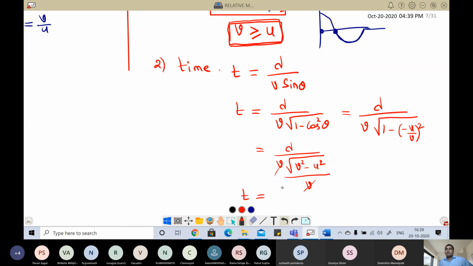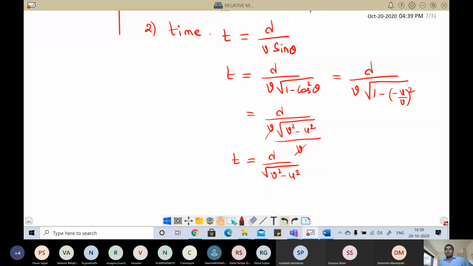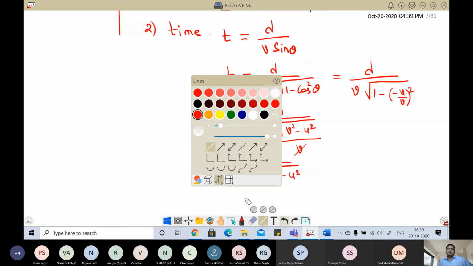So the expression for time is D by root over V square minus U square. Here also you should write first that man's effort will be larger than the river velocity. This is very important.